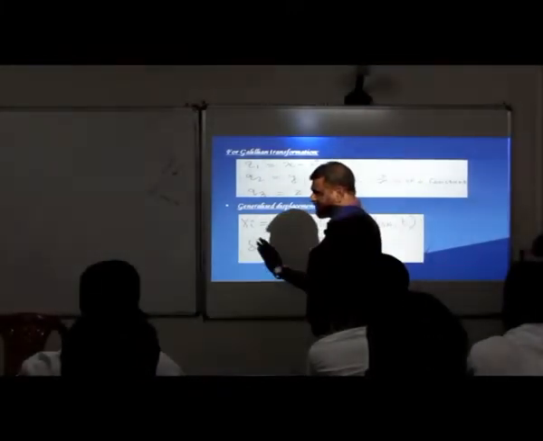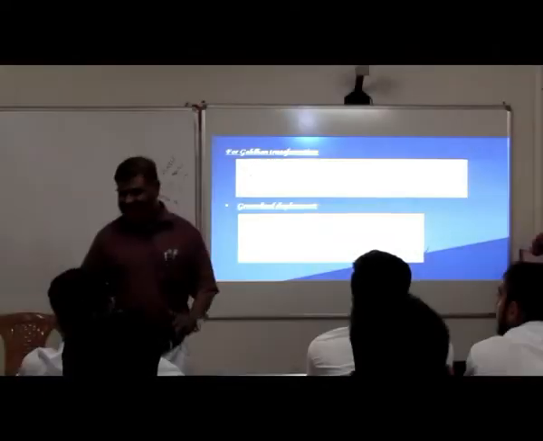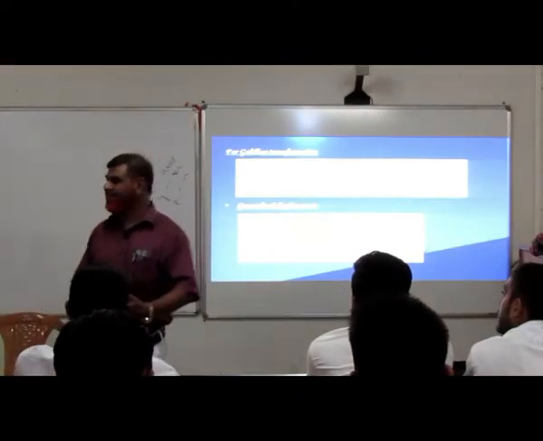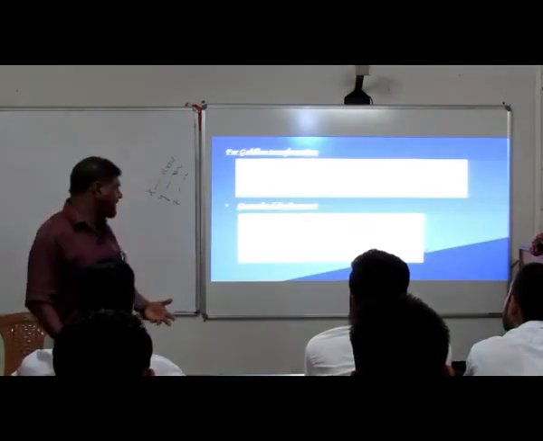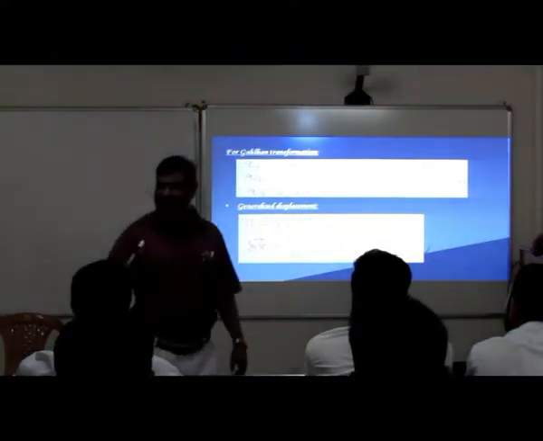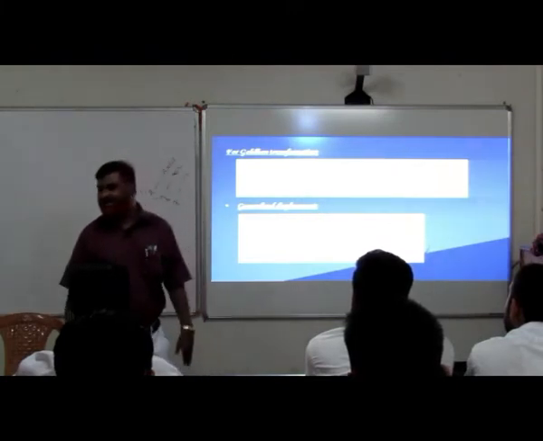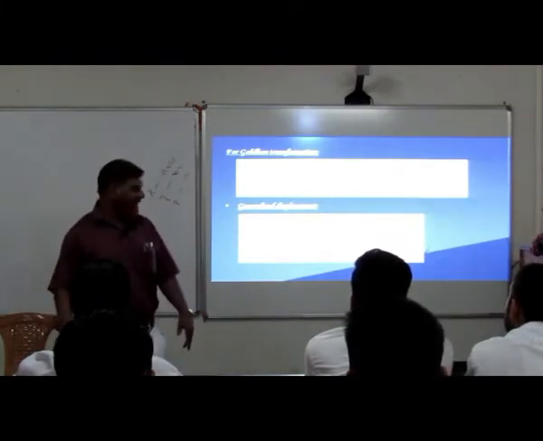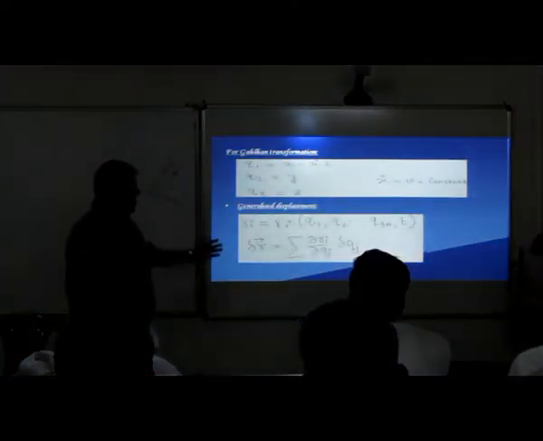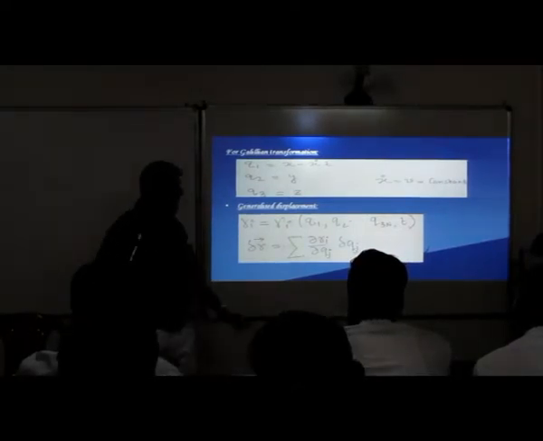These generalized coordinates are of great importance in Lagrangian mechanics. Some physical quantities have to be expressed in terms of generalized coordinates. For example, displacement. Displacement is a vector, and it can be expressed in terms of generalized coordinates. The position vector ri is a function of generalized coordinates q1, q2, up to q3n, and t.